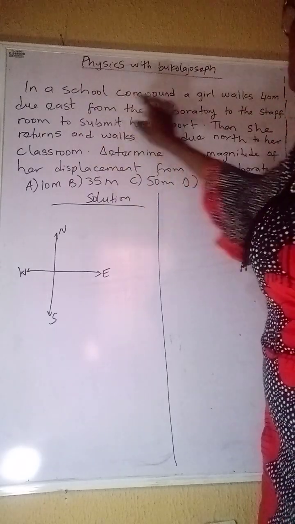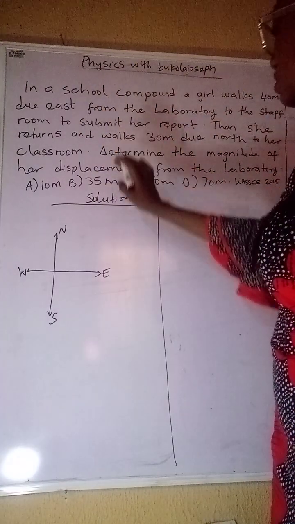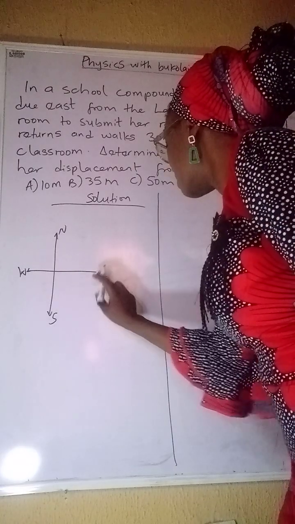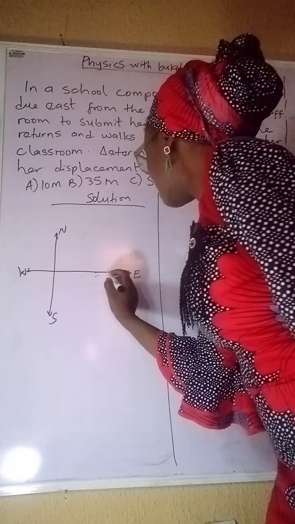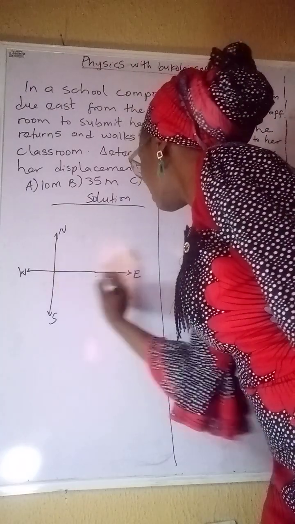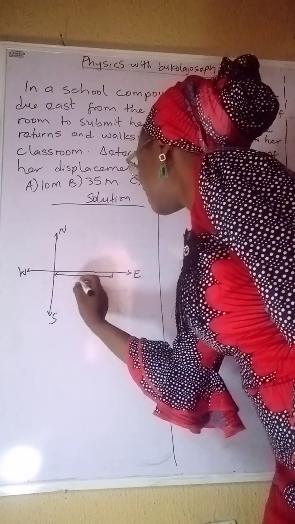So we have in a school compound, a girl walks 40 meters due east. So this is east. Let me extend it a little bit so that it can take my diagram. So let's say from here to here is 40.